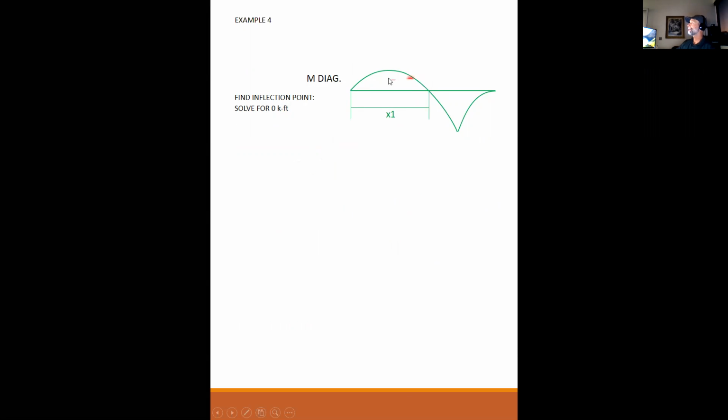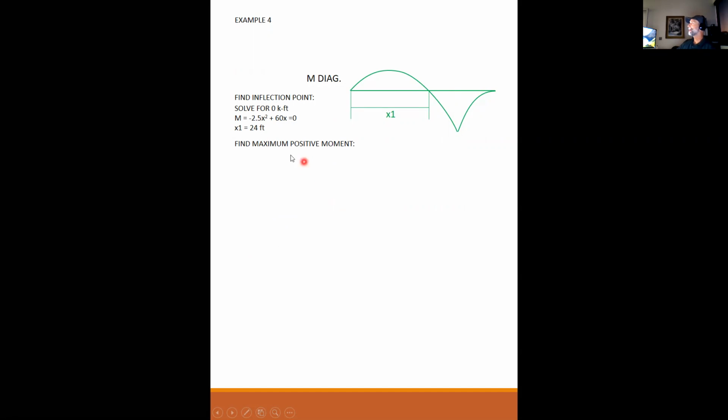Clearly to the left, the moment is positive. Clearly to the right, the moment is negative. So somewhere along this span, the moment's going to equal 0. To do so, I take the equation for the moment between 0 and 30, and I set it equal to 0. I solve for x. I get x is equal to 24 feet.